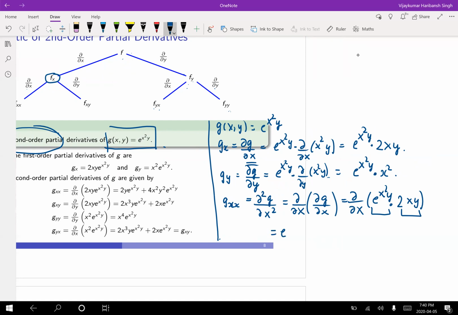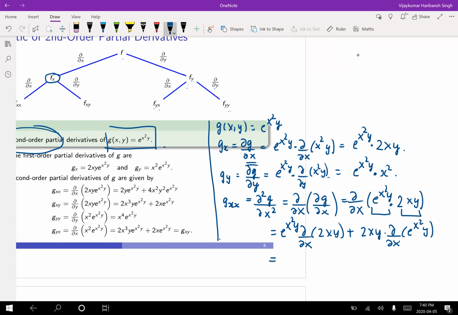So this is going to be e to the x square y times dou by dou x of 2xy, plus 2xy times the partial derivative with respect to x of e to the x square y.